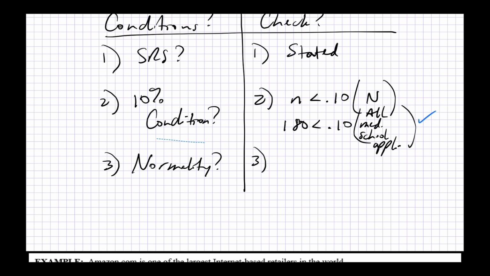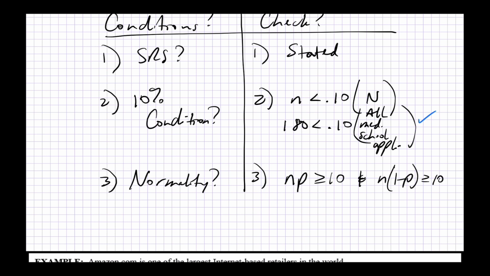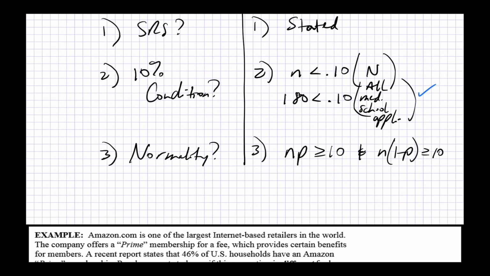And then the last one. Since it's proportions, it's np, n times p greater than or equal to 10, and n times 1 minus p greater than or equal to 10. So n is 180, p was 0.46, and then 180 times 0.54.